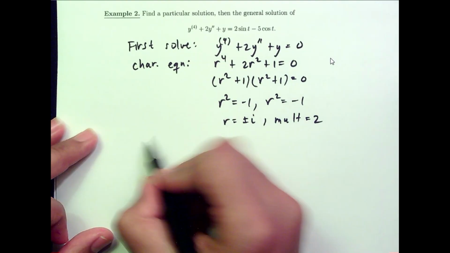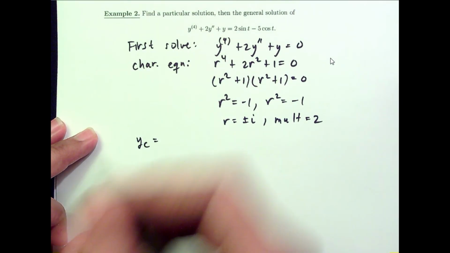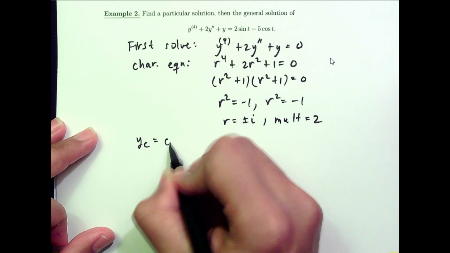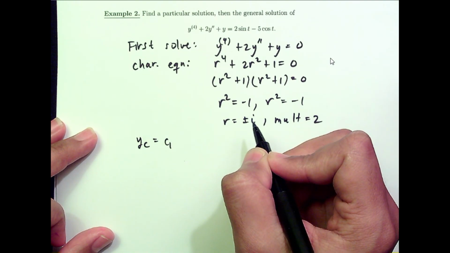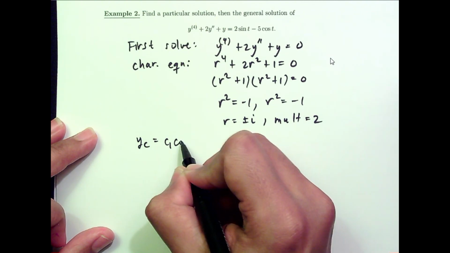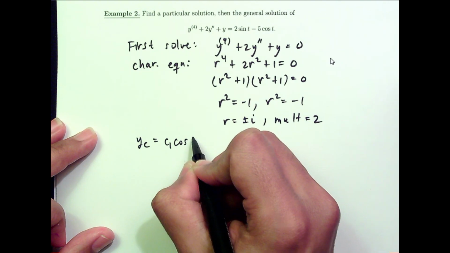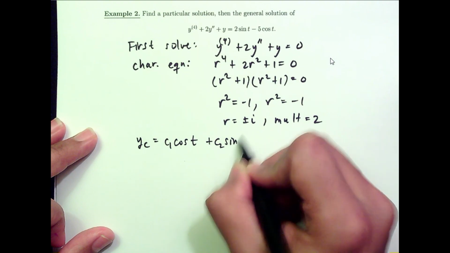So that means now that we can write down the complementary solution. The complementary solution is going to be C1, the real part of that is 0, so e to the 0, which is 1, cosine of t plus C2 sine of t.